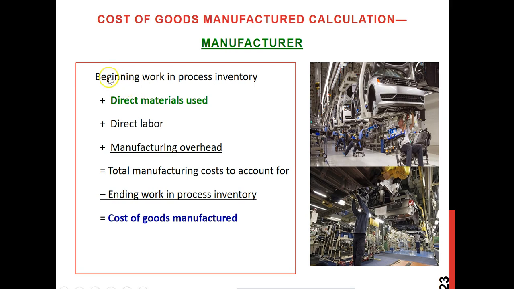So now whatever was your beginning work in process, you have to add these three types of costs, and this is kind of the maximum cost that you can think of for your production line for a specific period. So we call it total manufacturing costs to account for.